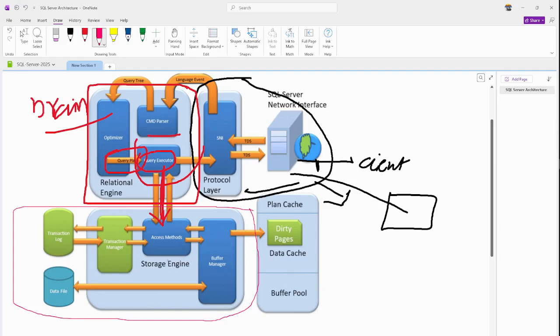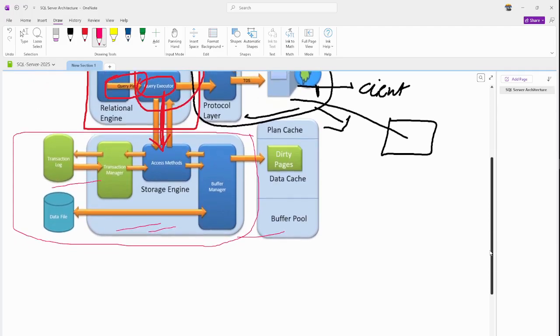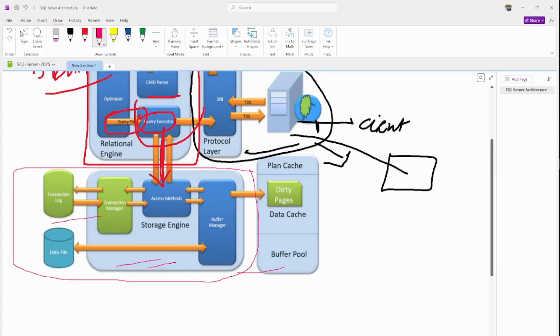This layer is responsible for managing all the data transactions, and then your memory as well. Okay. So you will have access methods. So how you are going to access this is the interface between query executor and your data transaction logs.